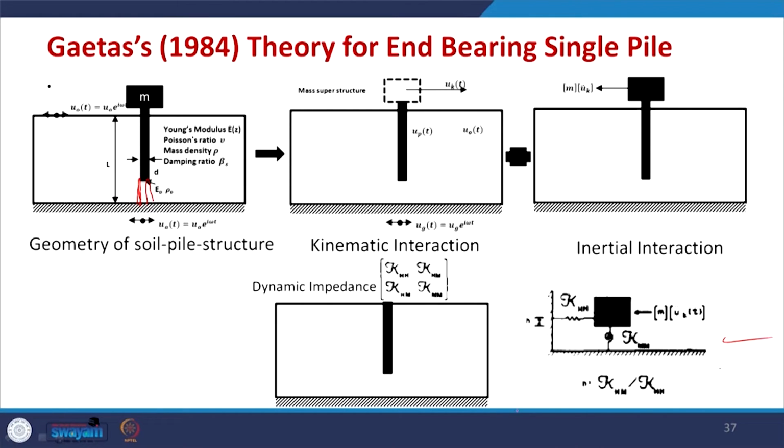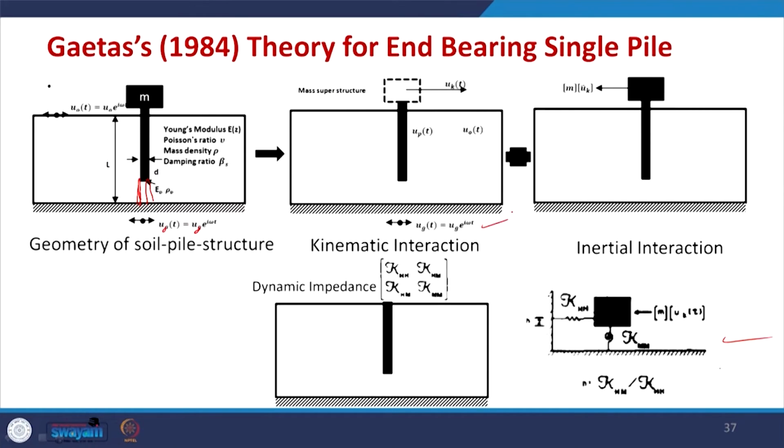So, what is the problem in this case? This is the excitation applied. So, this is UG basically, UGT, which is clear in this slide.